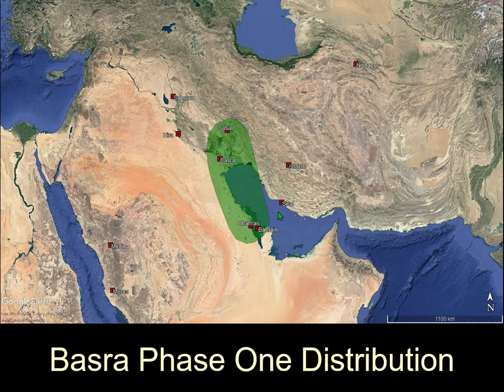So this first phase is only found at Susa. So we're saying it's made at Basra because I have thin sectioned some of this stuff. And also I found one sample at Bahrain. And so I can see in this first period, they are only making pottery for themselves. Susa was basically occupied by people from Basra.